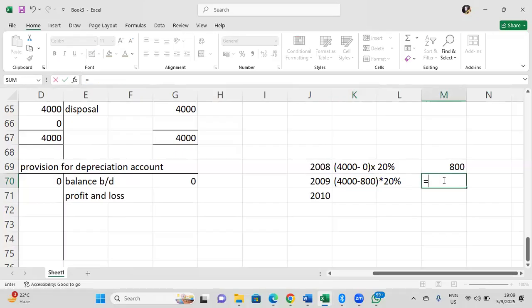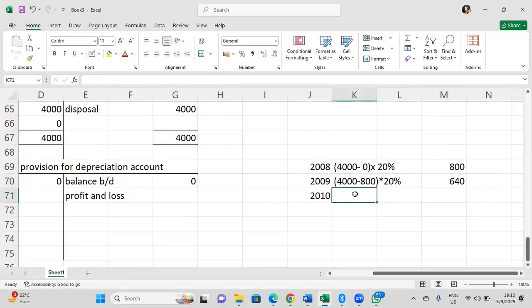Moving to the next one, that's 4,000 minus the total now, or you can simply say minus 800 minus 640.